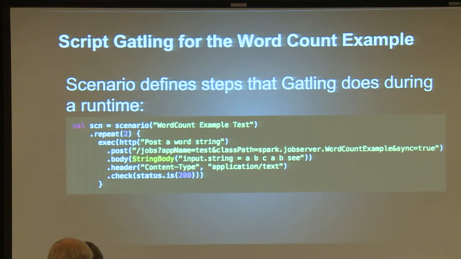In the next line, the body method contains the word string. The body is the exact wording that you saw in the few slides back. And the command post will post a string to the job server. The last line checks the status 200 after the response, and status 200 means everything's okay. And finally, the second line shows the number of times that we want to repeat this.